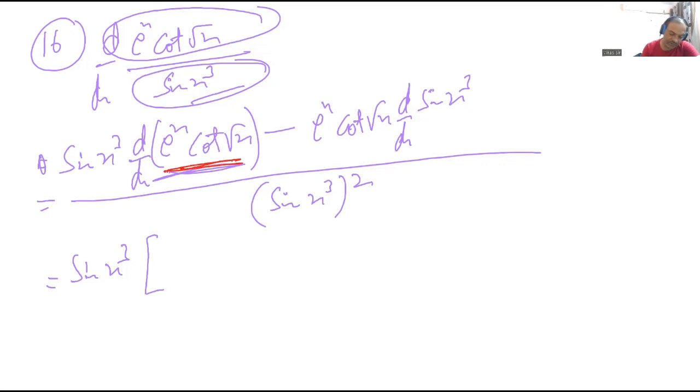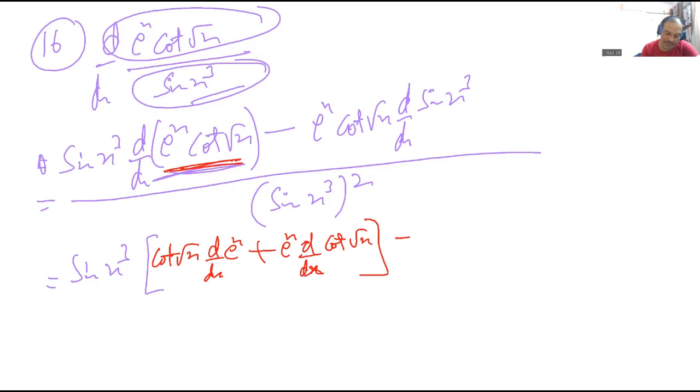In the product rule, I have to put cot root x as it is, and I have to differentiate e power x. Then I have to put a positive sign. Then e power x as it is, and I have to differentiate cot root x. Minus e raised to power x cot root x, and then there is sine x cube.